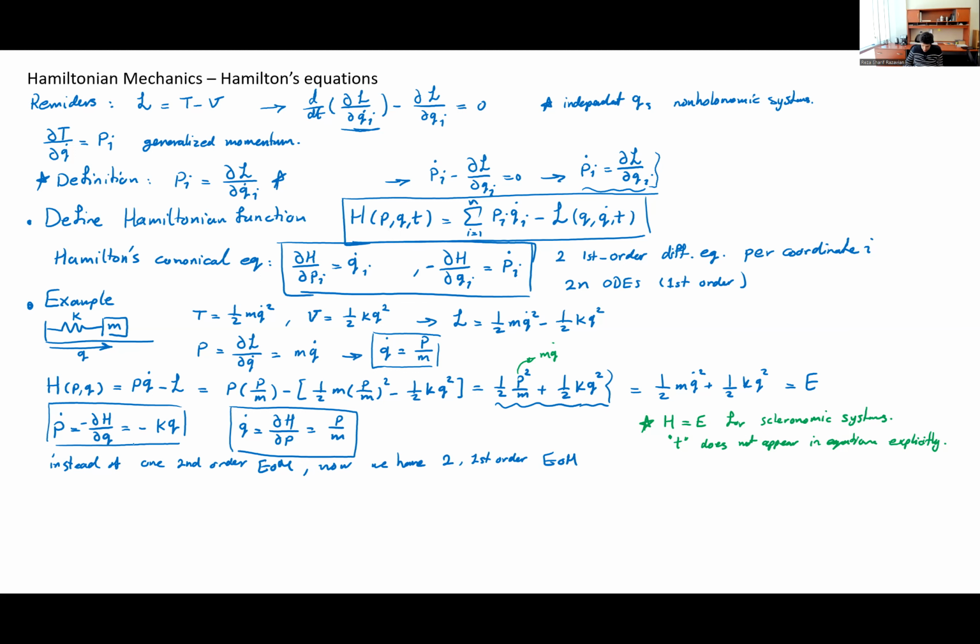What else? You can see here this P dot is actually equal to the force. So it is in some sense Newton's second law, this second equation. And the first one is just the definition, in our simple case, of momentum.